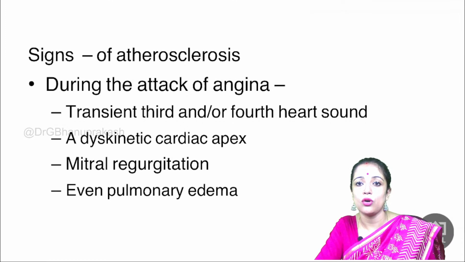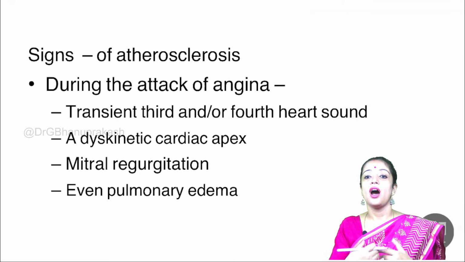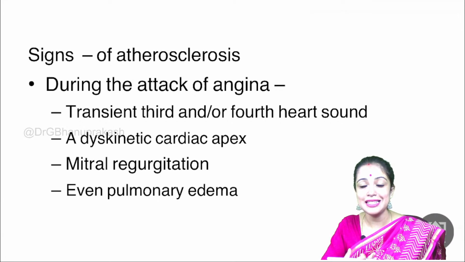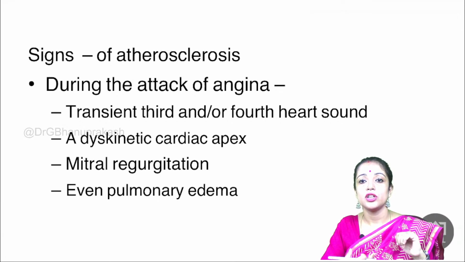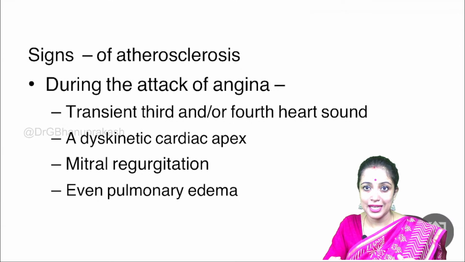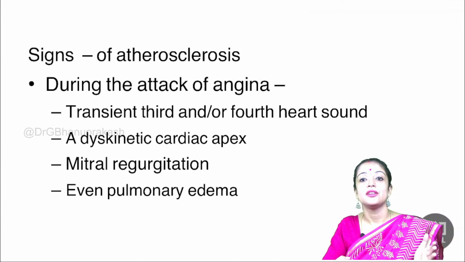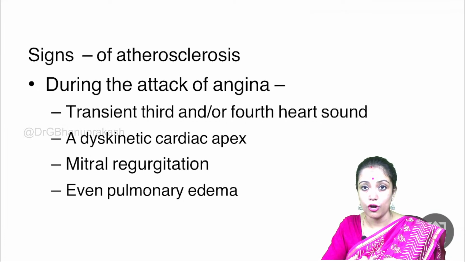The other vascular beds also get affected. Ask in the history about symptoms of peripheral vascular disease. We need to ask about any transient ischemic attacks in the patient because of involvement of cerebral vessels. These are the questions we need to ask.